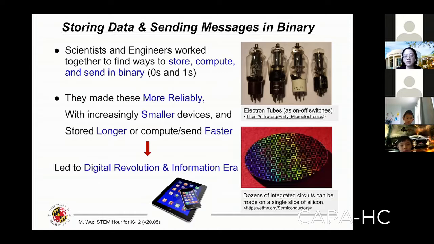They were also able to make it increasingly smaller. This is an example showing the switches, which is really a machine way to describe 0s and 1s. In the older days, in the 1930s and 40s, scientists and researchers had to use electron tubes, just like a bulb, pretty bulky, just to represent 1 bit of information.